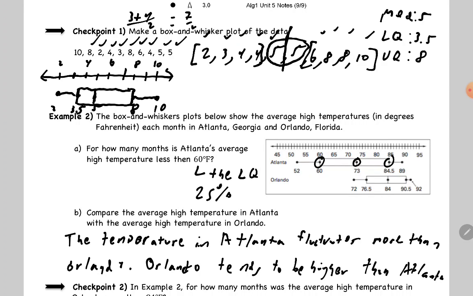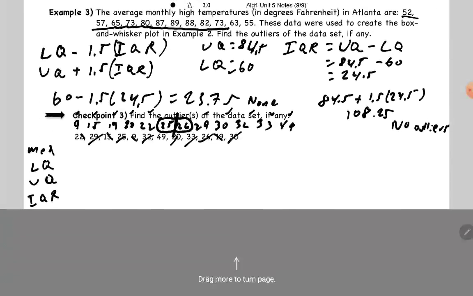Wait a minute. I'm gonna have to look this one up, but I'll finish this up.